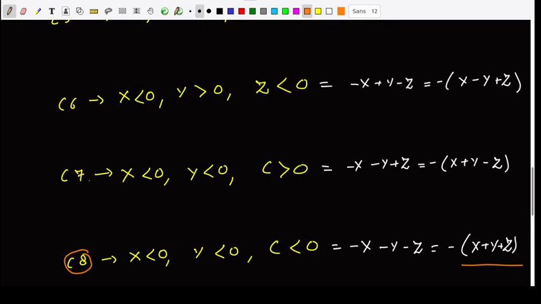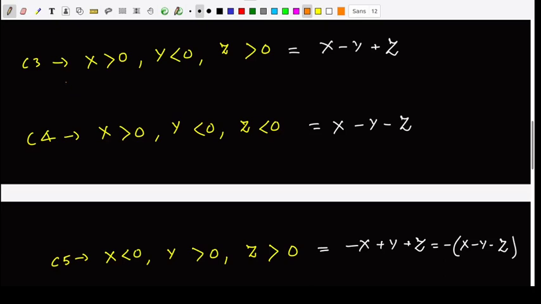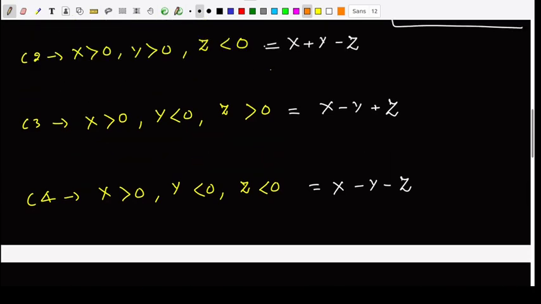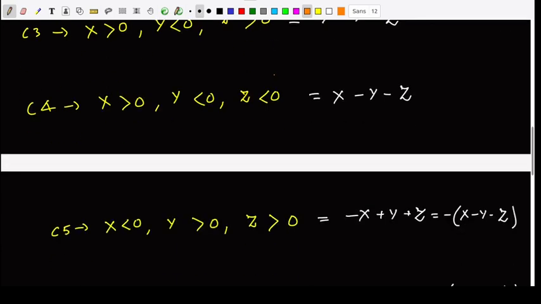So case 7 and case 2 are the same with the exception of the negative sign, which we have taken out. In theory it differs, but in practice when we use it, case 1 is equivalent to case 8. Similarly, case 2 is equivalent to case 7, case 3 is equivalent to case 6, and case 4 is equivalent to case 5.